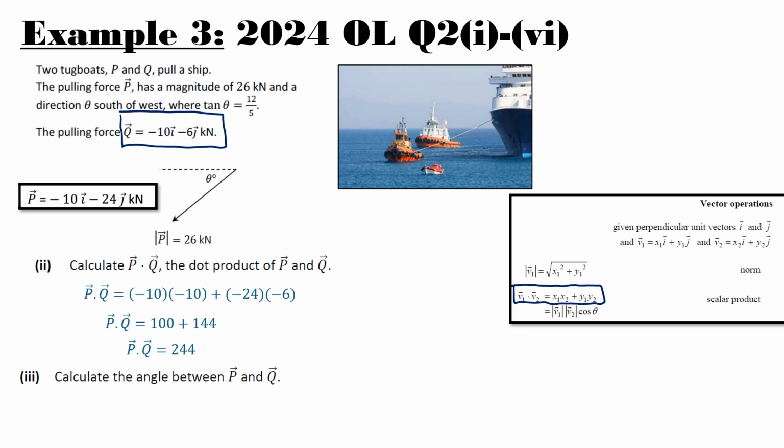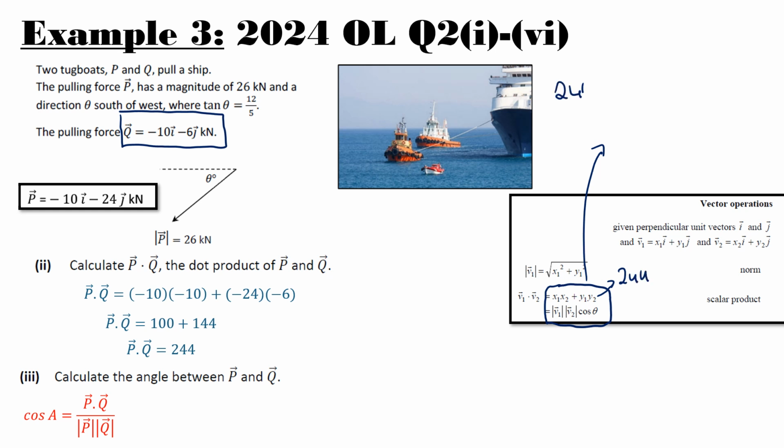So then calculate the angle between the vector P and the vector Q. So we're being asked to work with the angle between two vectors formula, which is effectively like a combination of these two lines. Okay, so for us, it's going to be the dot product divided by the magnitude of P times the magnitude of Q. And you can, if you want, start off with this bit here. So this is effectively the dot product, so this bit here we know is 244.